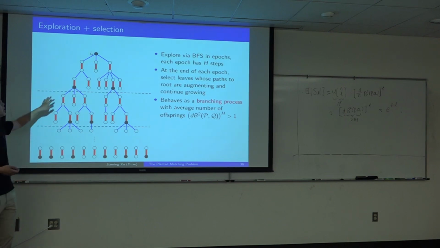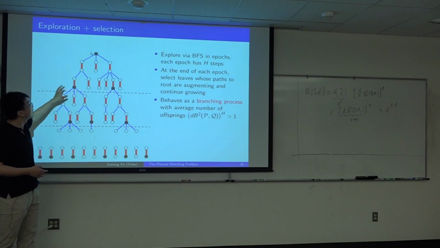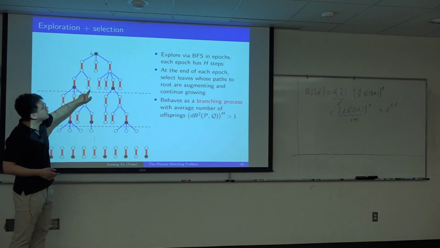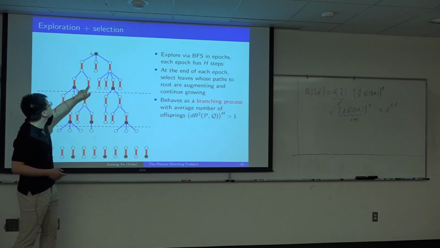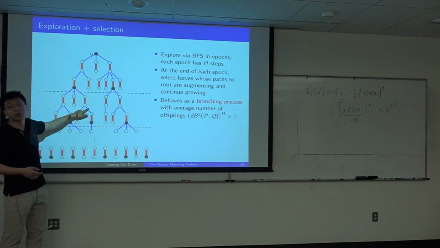So the idea that we have here is that we break this branching process, or the breadth first search, into different epochs. So here we have 1, 2, and then 3 epochs. Each epoch has a certain number of steps, a capital H steps. The crucial thing is that at the end of each epoch, if we already found this path is not augmenting, then we're not continuing to grow anymore.